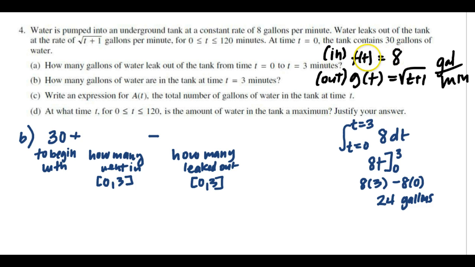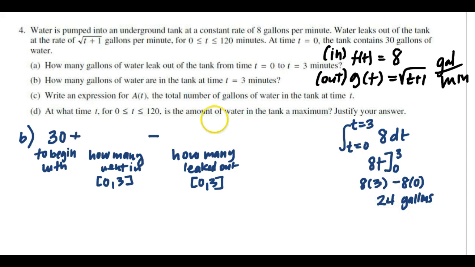So after 3 minutes have passed, there must be 8 times 3, so 24 gallons in there. So if you could have understood that based on the fact that the water coming in was constant, you didn't have to show this work for the integral. But setting up this integral is perfectly fine. And definitely shows a conceptual understanding.